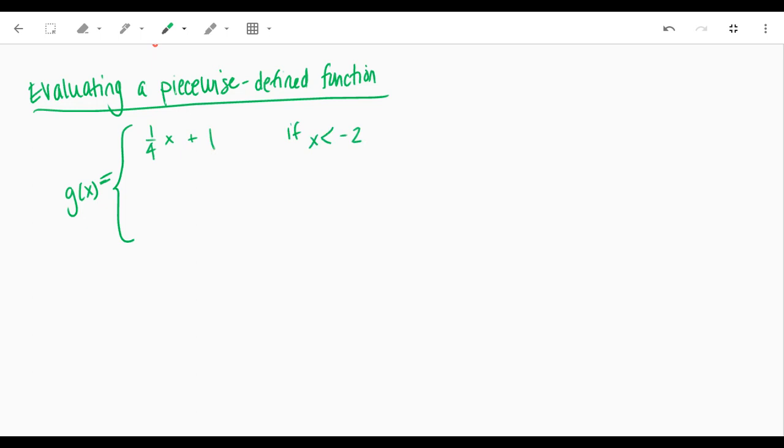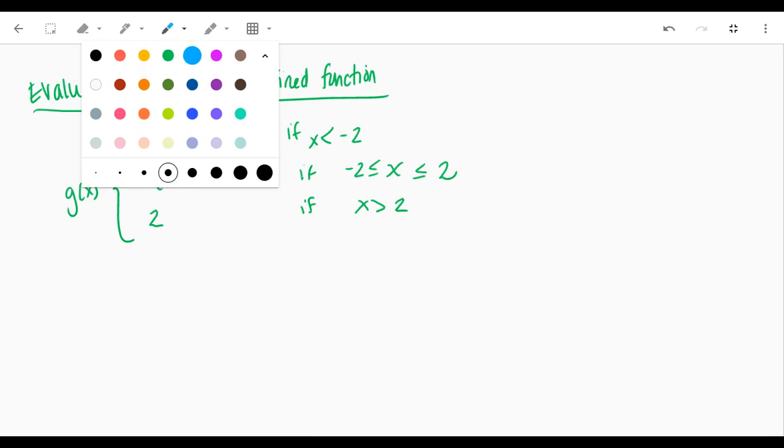Then we have negative (x plus 1) squared plus 2 if x is greater than or equal to -2, but less than or equal to 2. And then it's 2 if x is greater than 2. Okay, so different pieces of the function here. And then they have you evaluate it at different x values.